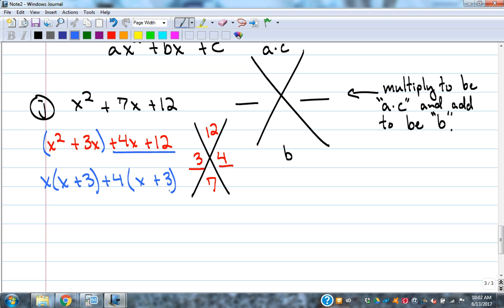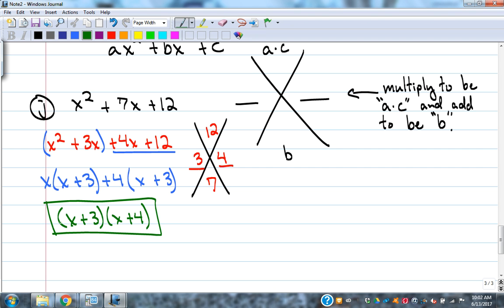That means I did something right. My factors are x plus 3, x plus 4. Okay. So it's taking that guess and check method that you may have learned in high school and putting a process to it that is a little bit more straightforward.